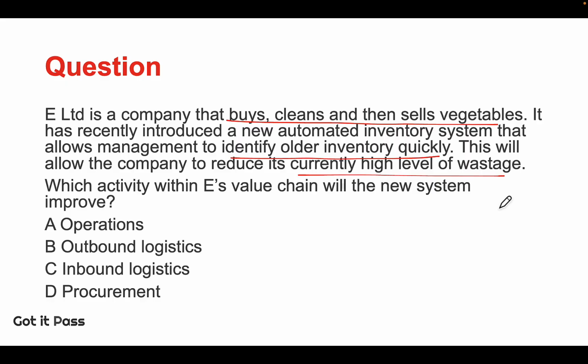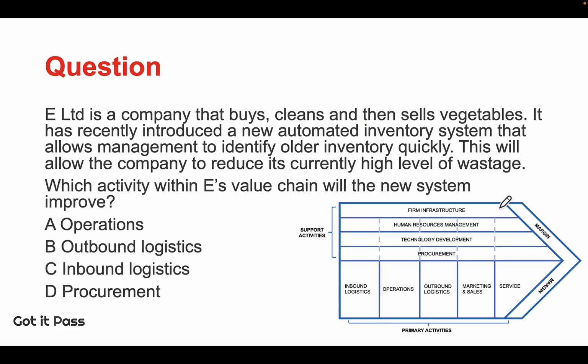And which activity within the value chain will the new system improve? Is it operations, outbound logistics, inbound logistics, or procurement? And remember, here is Porter's value chain we discussed. There are primary activities and support activities, and the option here is about procurement.